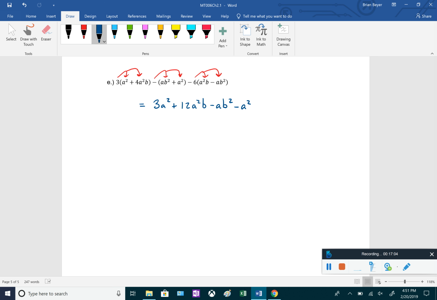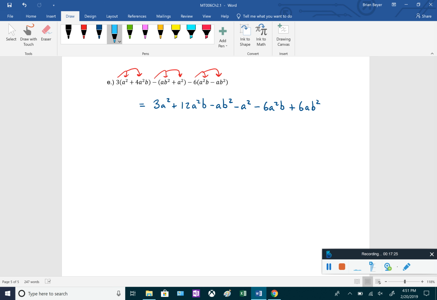Last one, distribute the negative 6. So be careful when you're distributing negative 6. Make sure you are distributing the negative also. So distributing the negative 6, we get negative 6a squared b plus 6ab squared. So the negative times the negative made it positive for that last term.